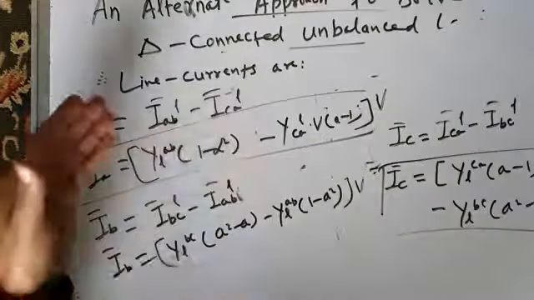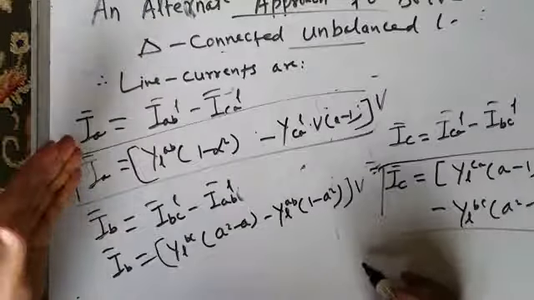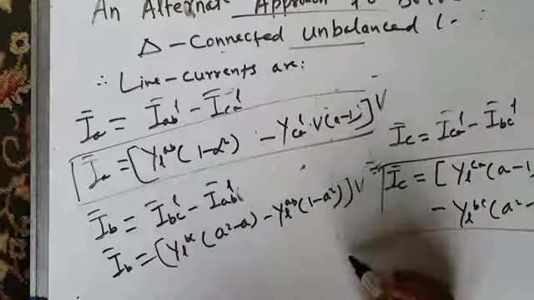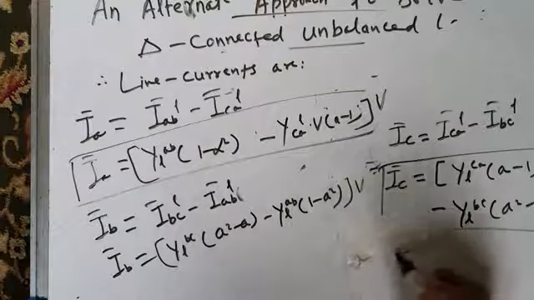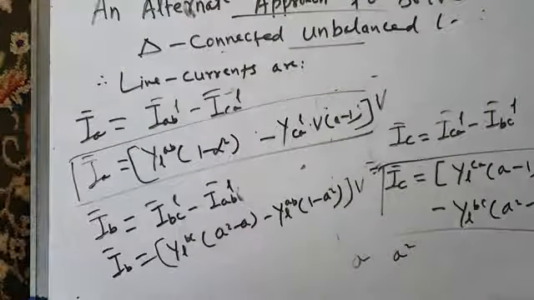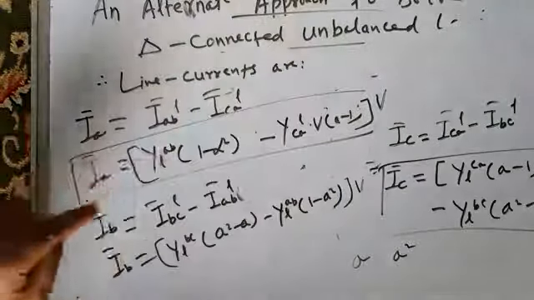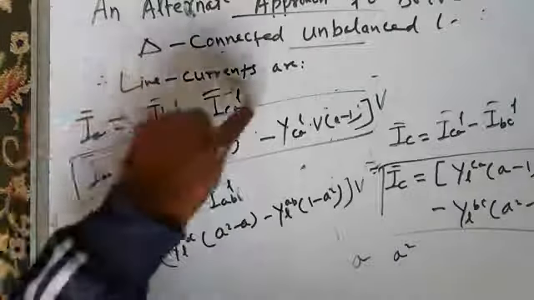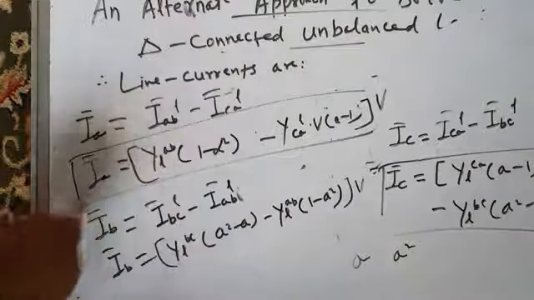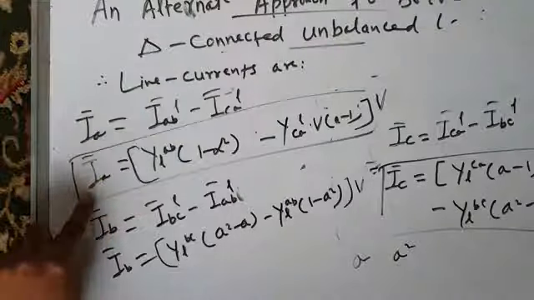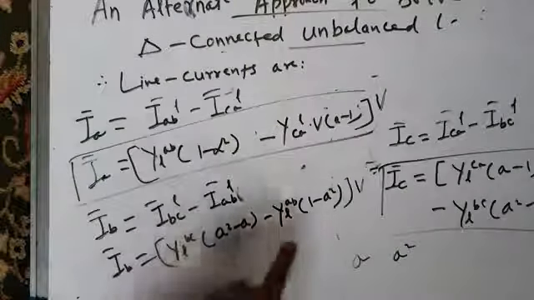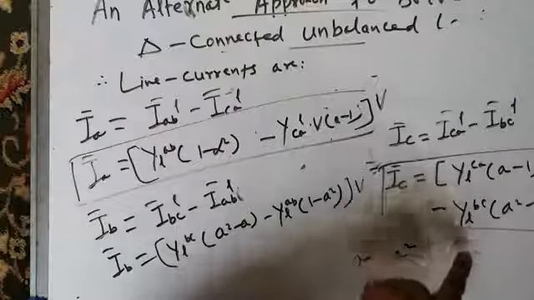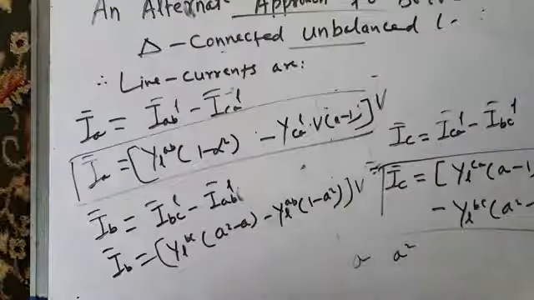Okay, so after that what did you do? You defined the operators, these line voltages and phase voltages in terms of operators a and a square. And after that you found the internal phase currents IABL, IBCL and ICAL, and line currents are the vector phasor sum of these currents. This is how you got IA, this IB given by this equation and IC given by this equation, in terms of A and A square, and of course admittances and supply voltage.